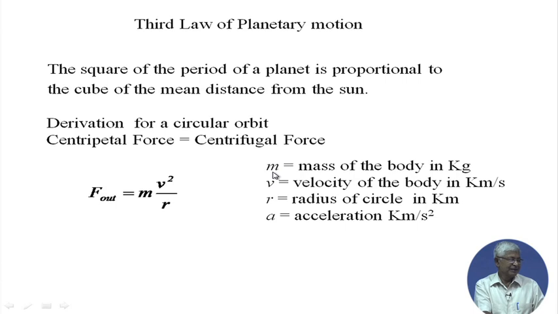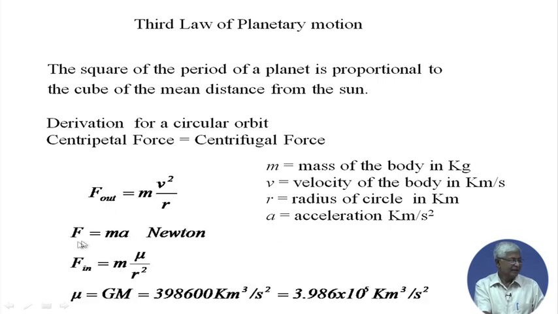If we take m as mass, v as velocity, r as radius of circle, and a as acceleration, the outward force is equal to mv square by r, and the inward force is m mu by r square, where mu is a constant whose value is 3.98 into 10 to the power 5 kilometer cube per second square.